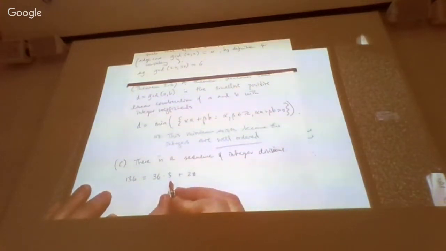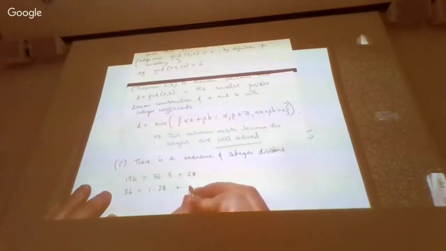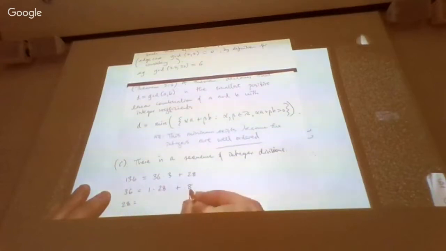Then we take the 36 and we attempt to divide it by that remainder. So the 36 is 1 times 28 plus 8. Then you take your 28 and attempt to divide it by 8. 3 times 8, 24 plus 4.